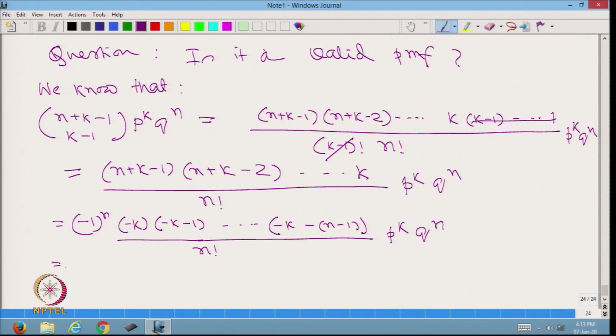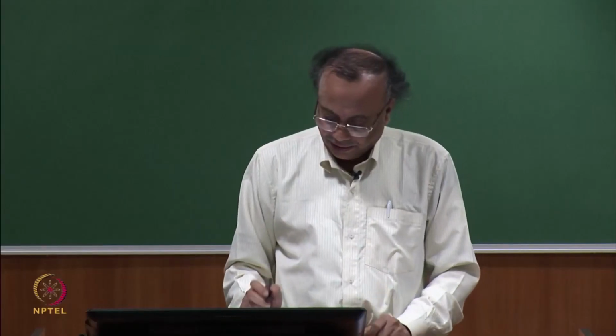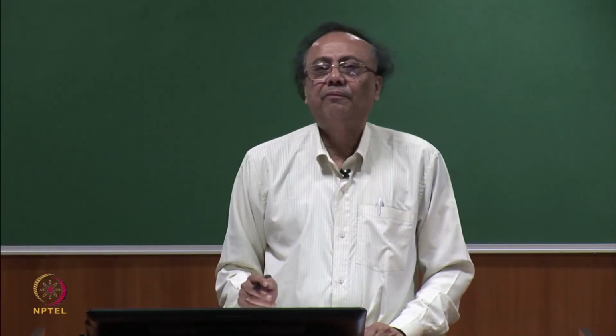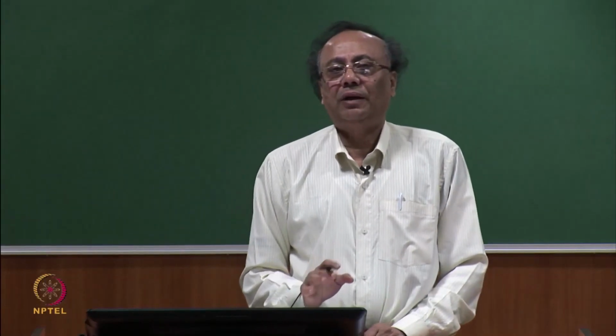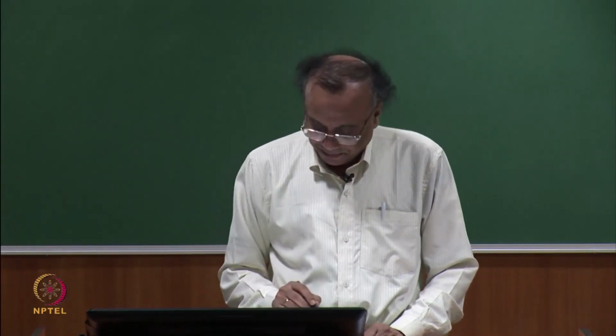And this we can write as minus k C n p to the power k minus q to the power n. You have to understand binomial expansion with negative coefficients, which I am sure you have done in your class 11 or 12 algebra.